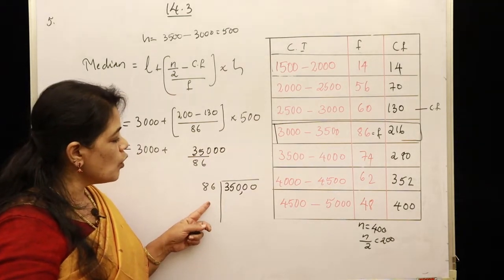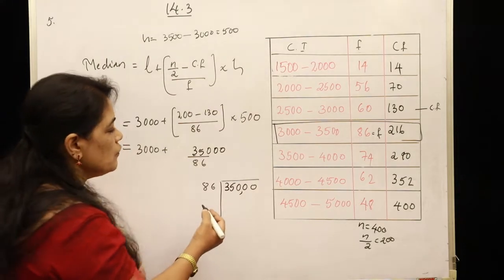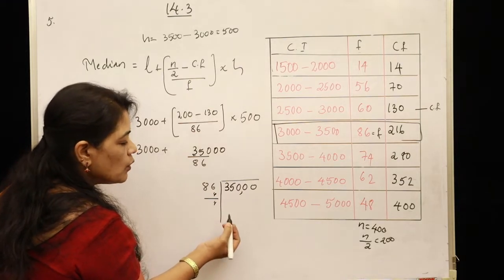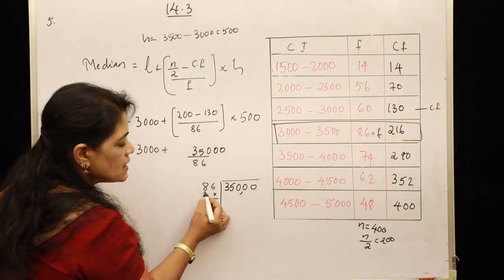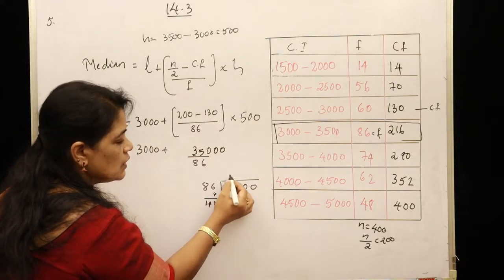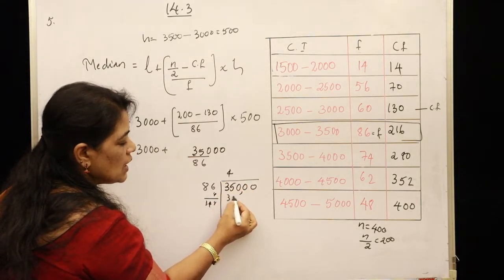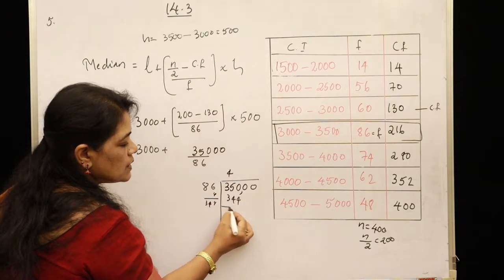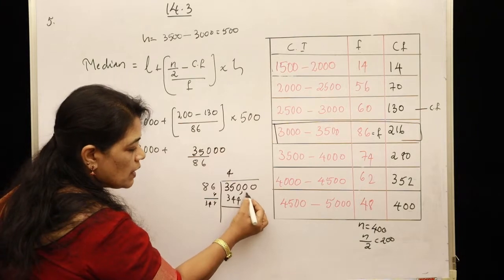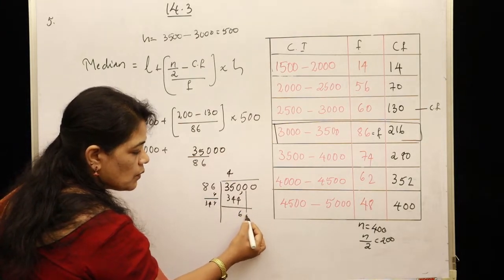Can we take 4? 4 6s are 24, 2 carries, 32, 34. Here 350, so 4, so 344. Subtracting, you will be getting 6, and we can bring down this 0.